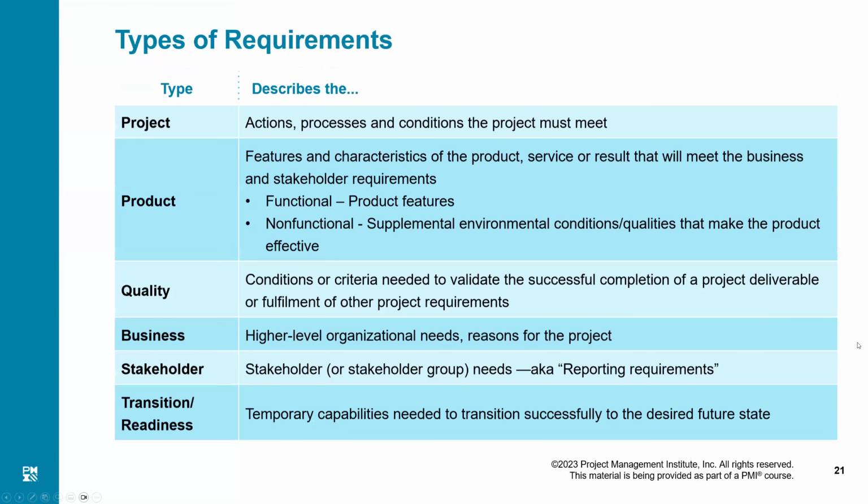What are the different types of requirements? Naturally, as I said before, this is the concern of the business analyst, and if there is a separate person assigned as a business analyst, even after the project has been initiated and there is a project manager looking after the project, the business analyst will also be working in parallel, keeping an eye on the interest of the stakeholders as far as the requirements are concerned.